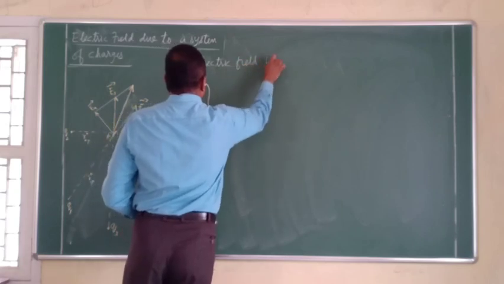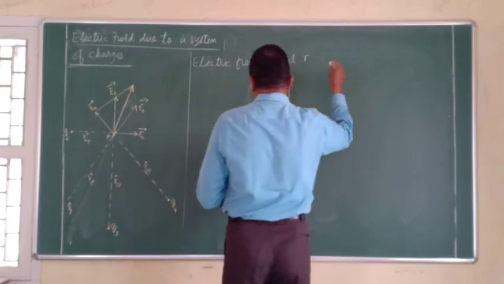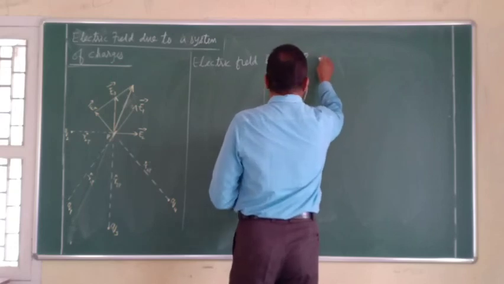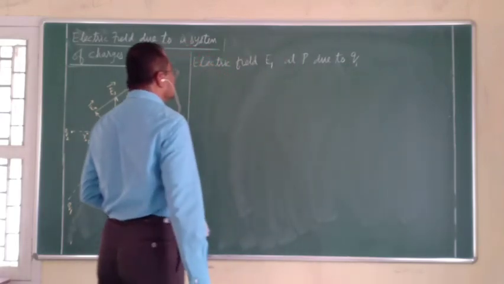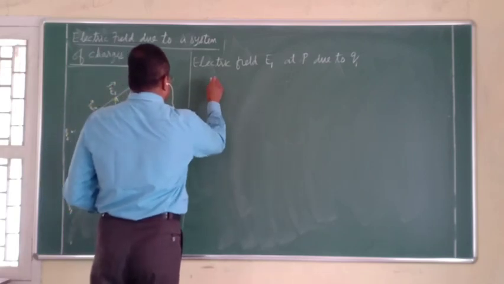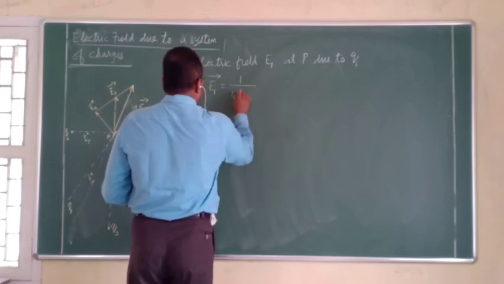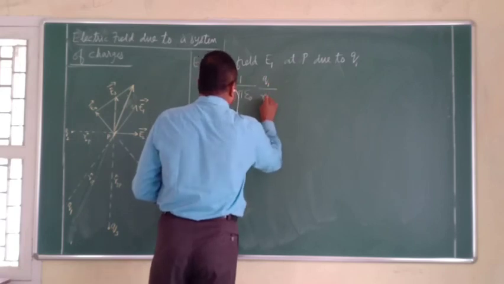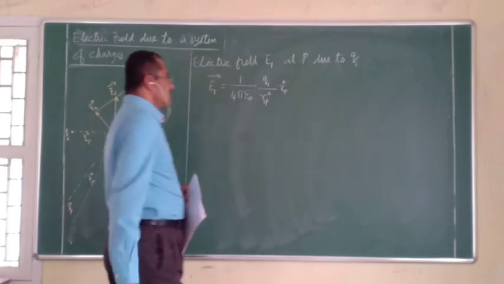Electric field E1 at P due to Q1. This is a distance R1P. Therefore, I will write it as E1 vector is equal to 1 by 4 pi epsilon naught Q1 by R1P squared into R1P unit vector.